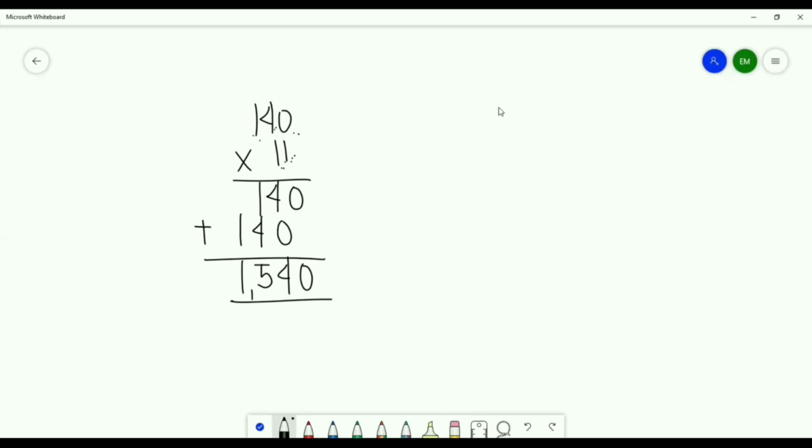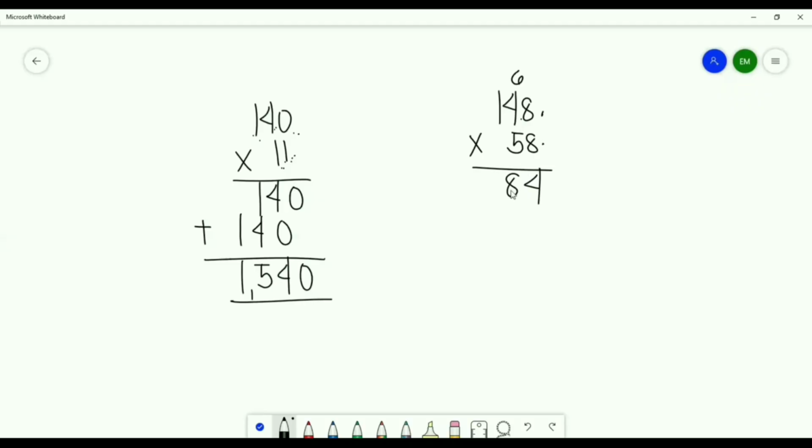Alright, last example. So we have here 148 and 58. So 148 times 58. 8 times 8 is equal to 64. So we write 4 there and carry 6. 8 times 4 is equal to 32 plus 6 is equal to 38.